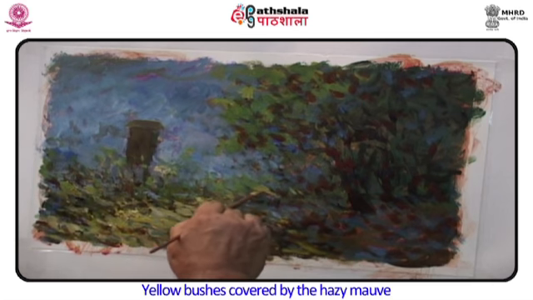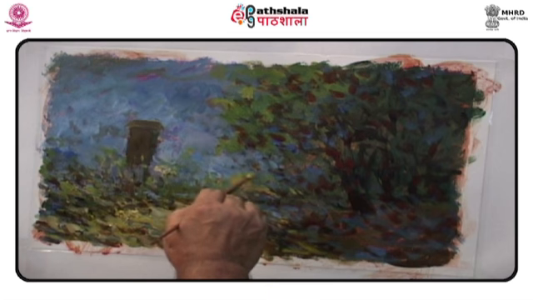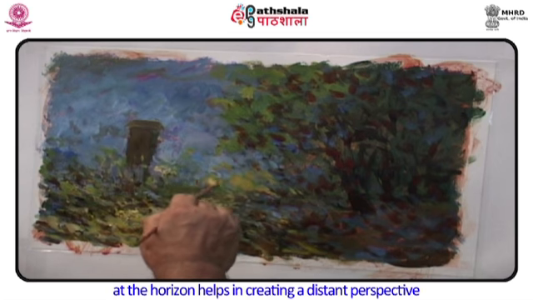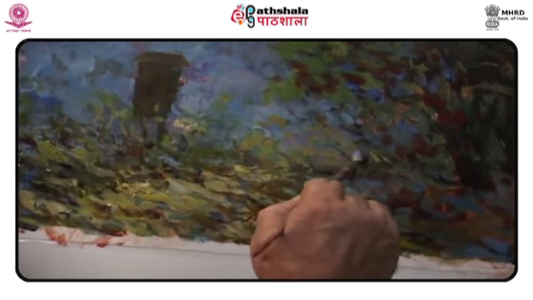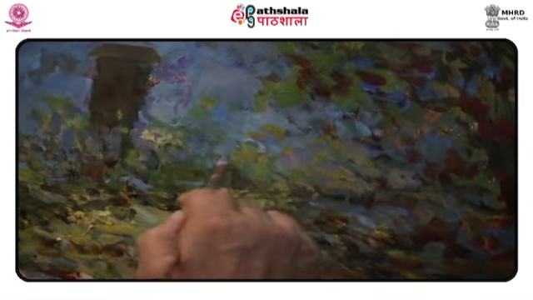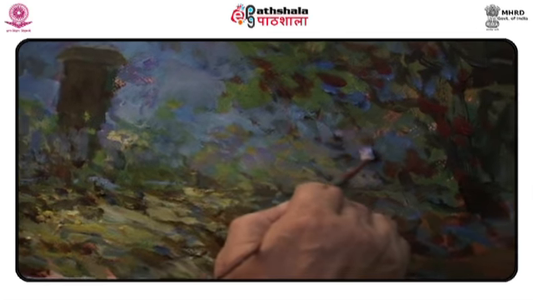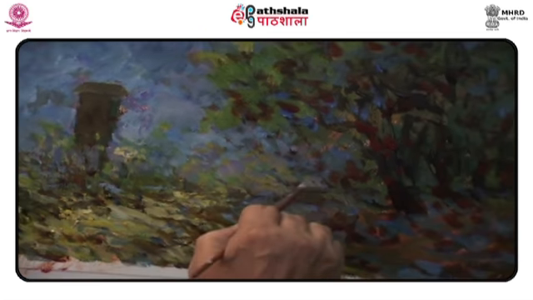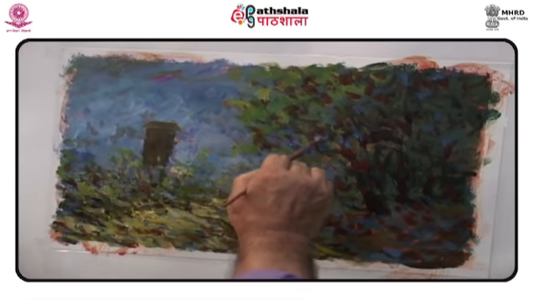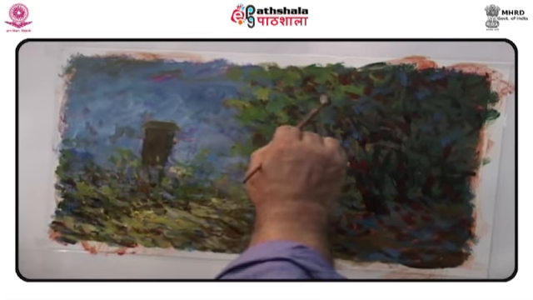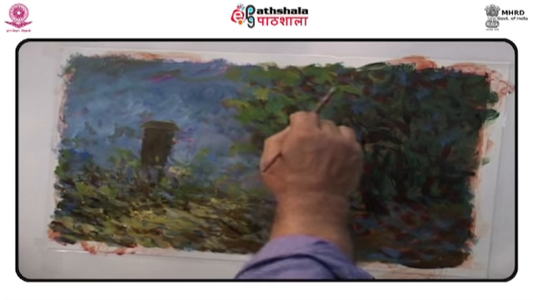Yellow bushes covered by the hazy mauve at the horizon help in creating a distant perspective. The lighter sky will form another space division to observe a dimension.